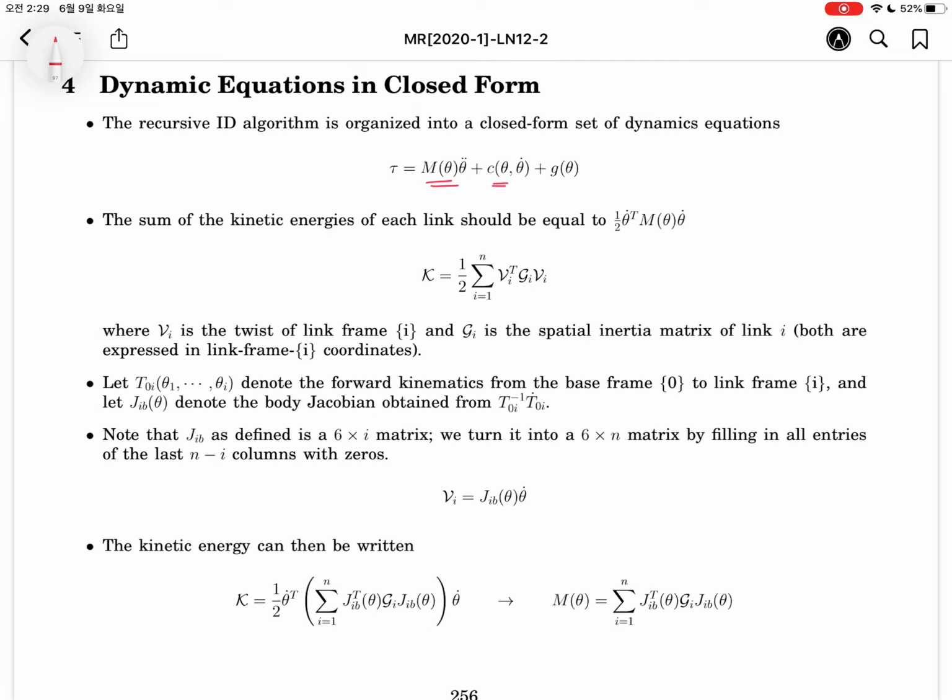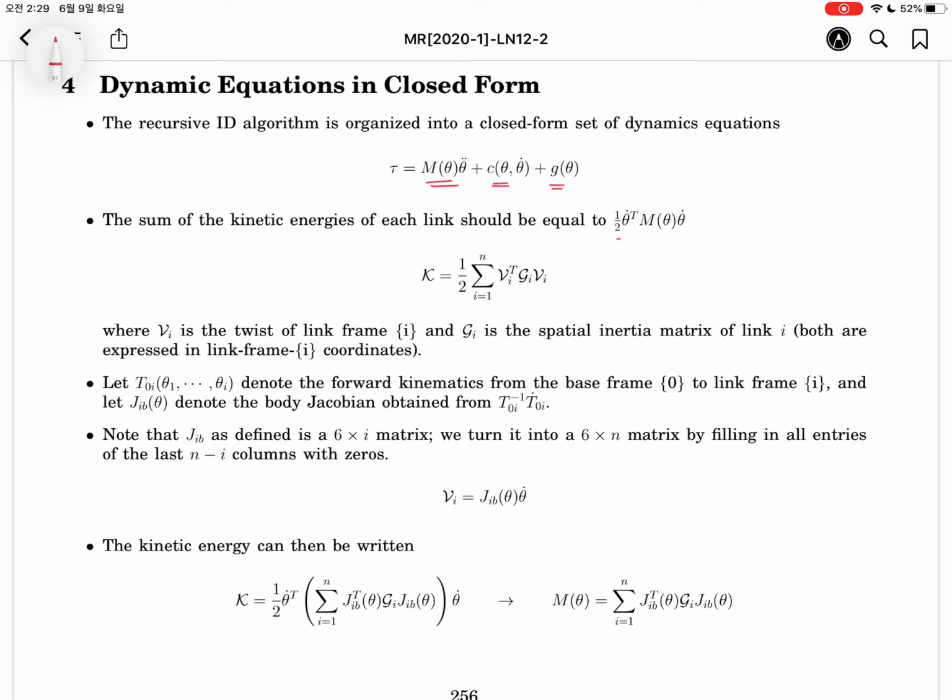M, C, G can be obtained by using the very big matrix. Okay. If we wanted to obtain the inertia matrix only, at that time we can use the kinetic energy.